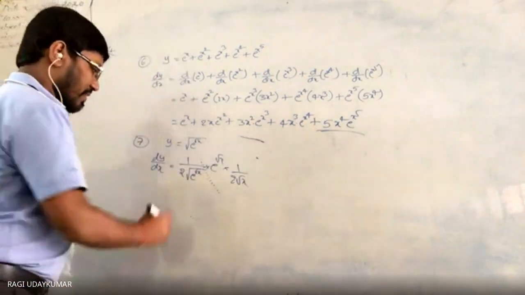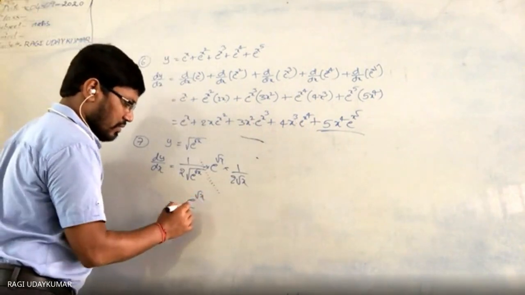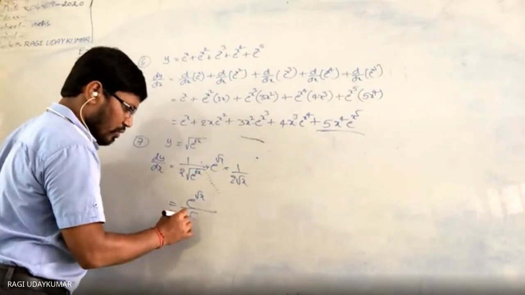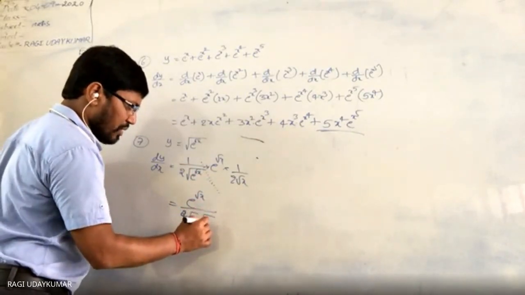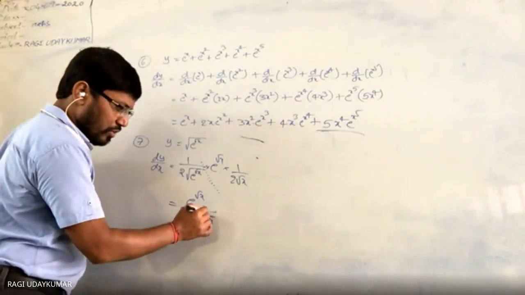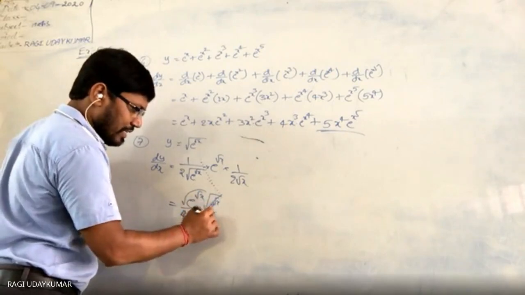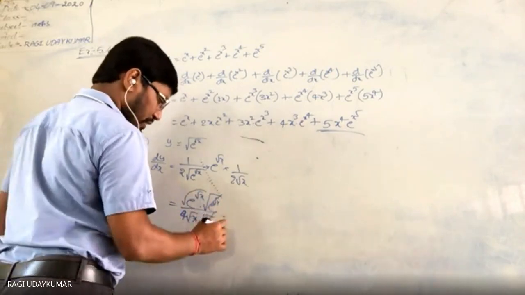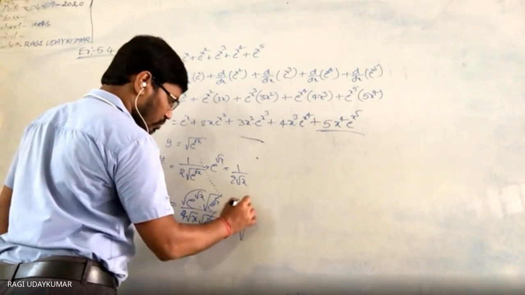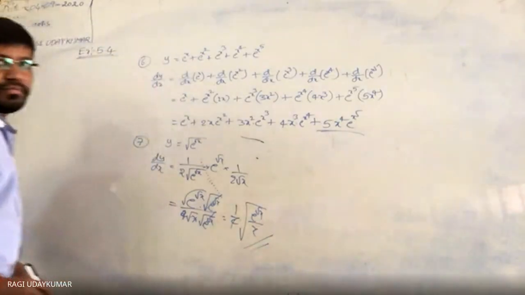That's all. In one step you get e^(√x) by 2 into 2, that is 4, 4√x into the root of e^(√x). If you simplify this root power, it can be written as root into root e^(√x). This and this will get cancelled, and you are going to get 1 by 4 into under root of e^(√x) by x, which you can also write as the answer.